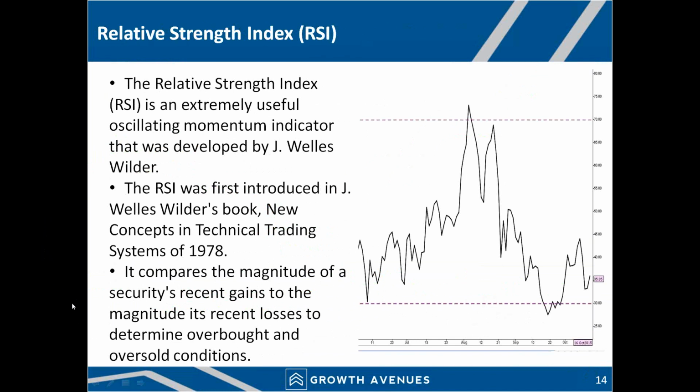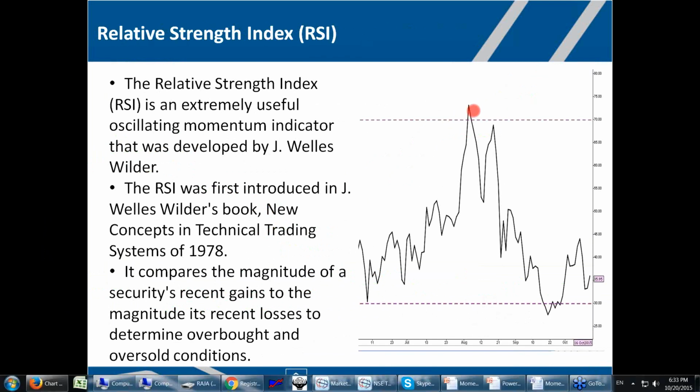What RSI does is it compares the gains and losses of the stock or security and then determines overbought and oversold conditions. By overbought and oversold conditions we mean a place like you can see here, where the security has been purchased many times over and would now seek to rest after a strong rise.